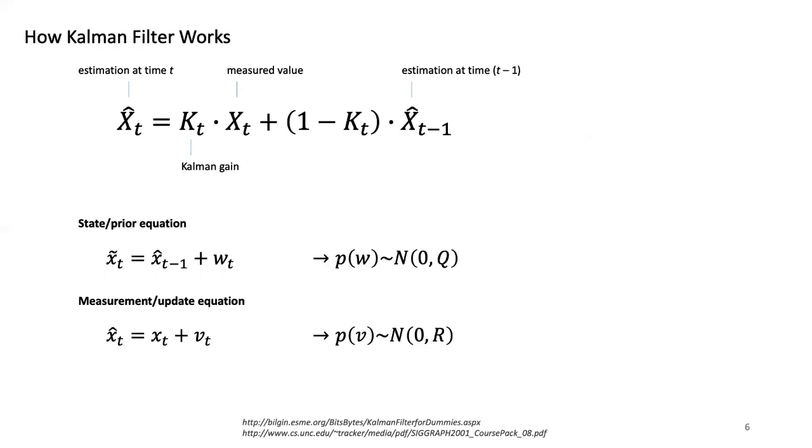So we're saying the current measurement is equal to the previous time estimate at t minus 1 plus a random error, and this random error is distributed normal with a mean of 0 and a standard deviation of q.